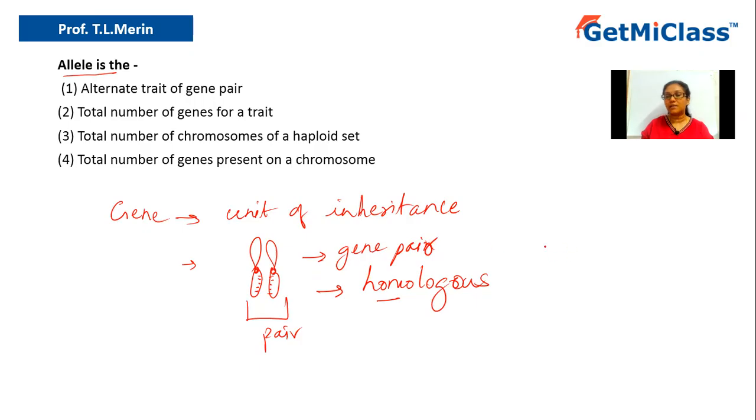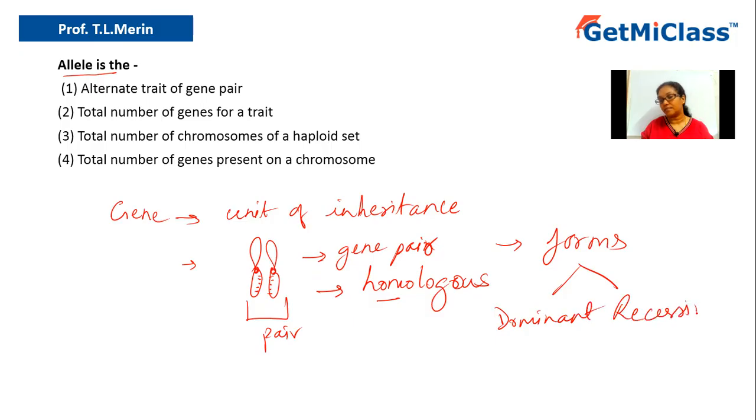Now this particular gene pair can be present in different forms. It can be a dominant form or a recessive form. For example, you have a gene for height. You know that there are homologous chromosomes, right?